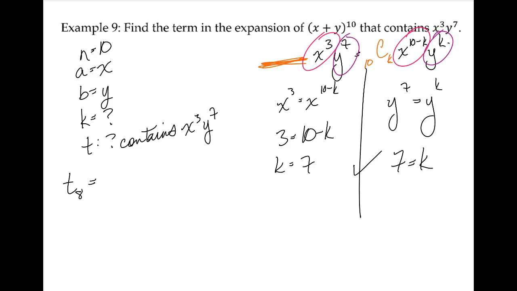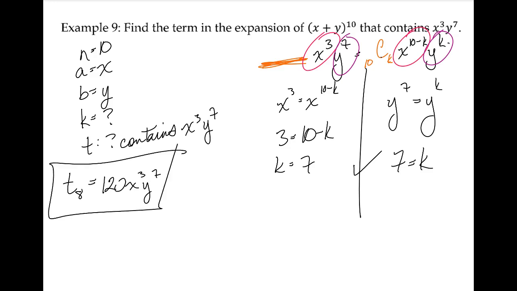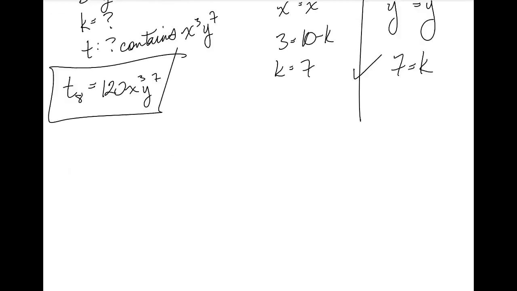So 10 choose 7 is 120. Then I've got x to the power of 10 minus 7, which is 3, so x to the power of 3, and y to the power of 7. So that would be your final answer. And that's our last example.